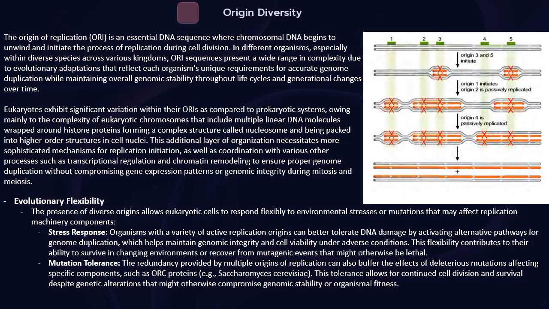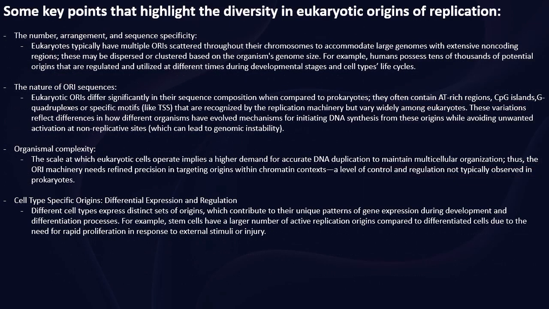Here are some key points that highlight the diversity in eukaryotic origins of replication. The first point is the number, arrangement, and sequence specificity. Typically, eukaryotes have multiple ORIs scattered throughout their genome to accommodate large genomes with extensive non-coding regions. And they also serve many purposes.